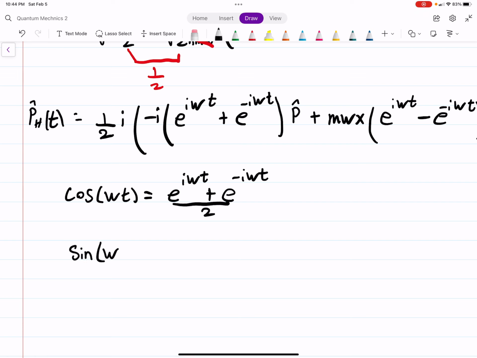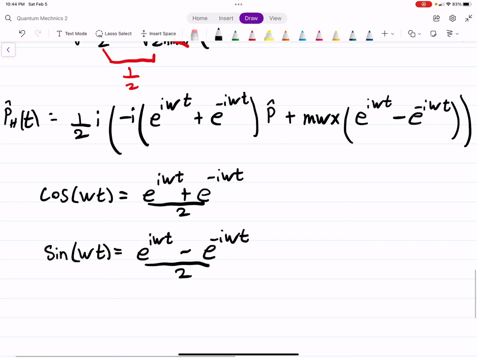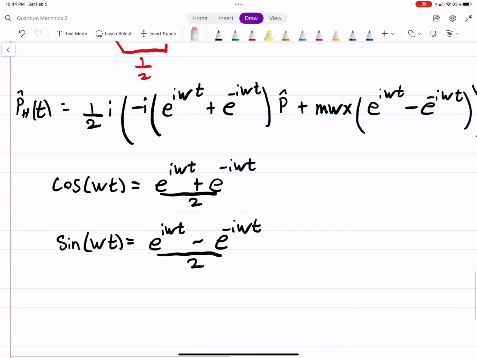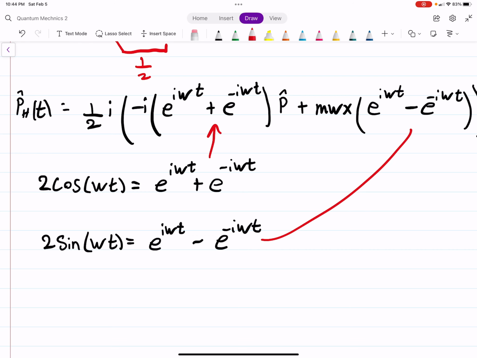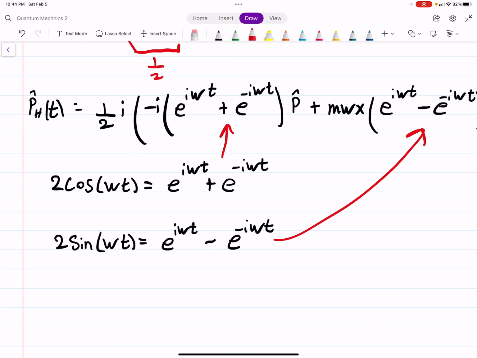And sine of omega t is equal to, pretty similar, e to the i omega t minus e to the minus i omega t all over 2. All right, and you can see if we multiply these guys by 2, this fits in here, and that fits in there. Okay, so we can do that.